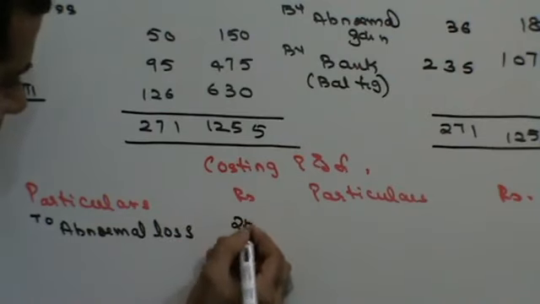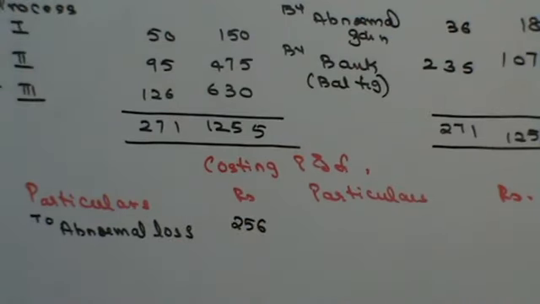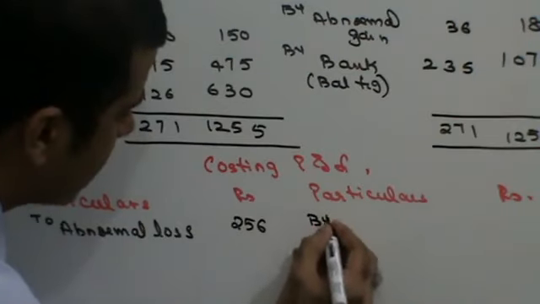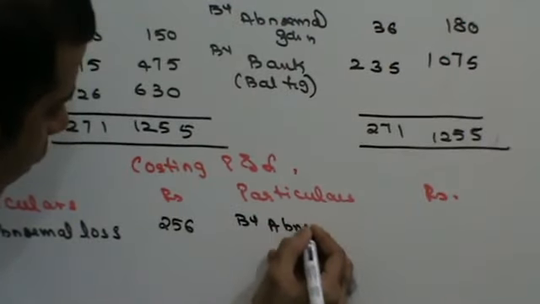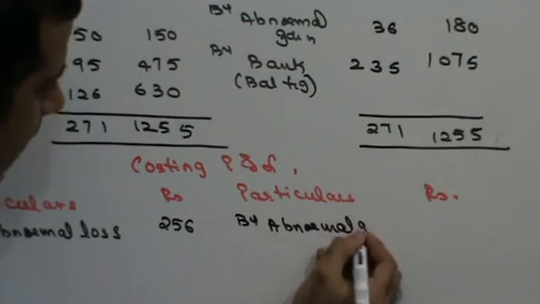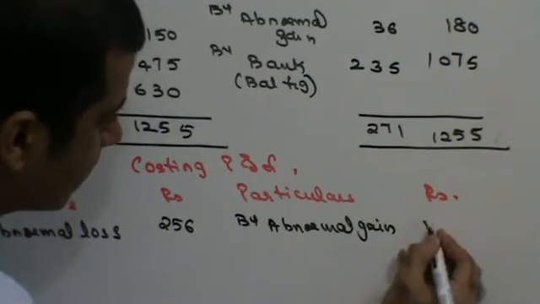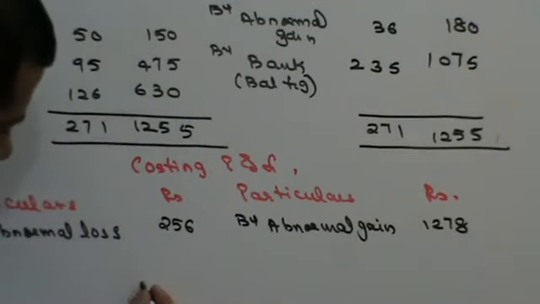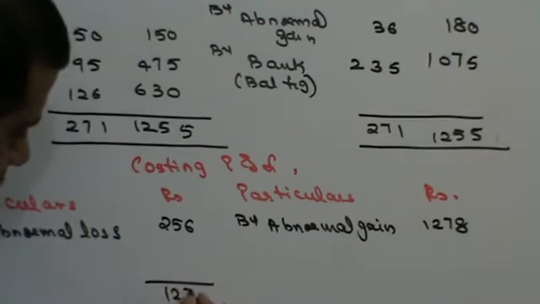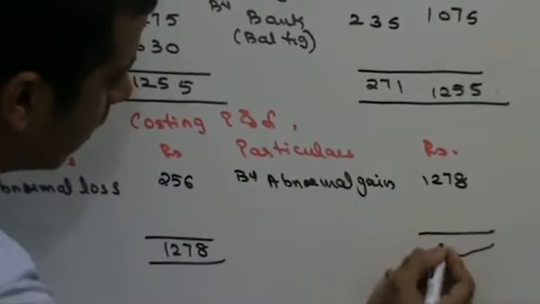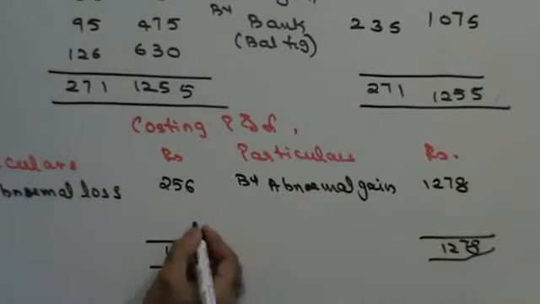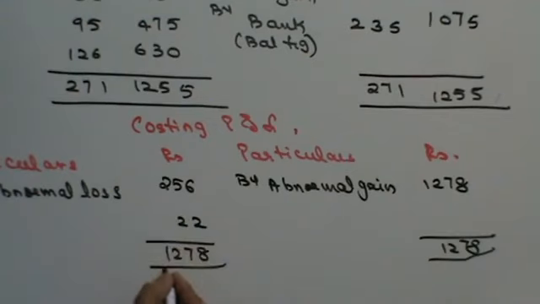Amount is 256. And you have costing P&L in the abnormal gain account on the debit side, which will come here on the credit side as by abnormal gain, which is 1278. Carry this. 1278, 6, 7, 8, 5, 6, 7, 0. This is to net profit.